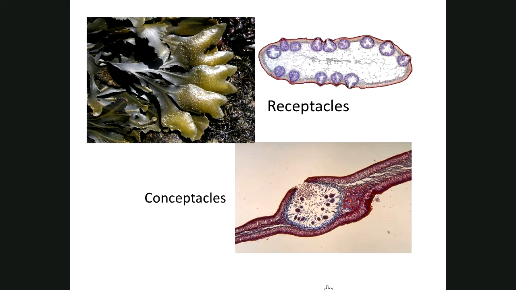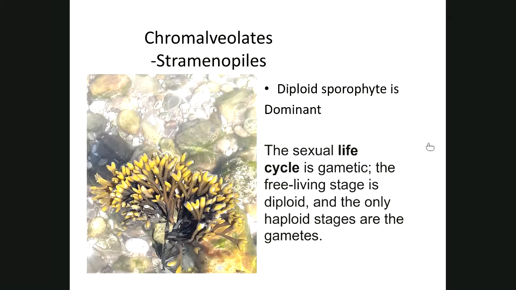So we're talking about fucus, or bladder wrack. You can find this species on our shores, along Coney Island or Rockaways or Pelham Bay or any of the beaches along Brooklyn, etc. You can find these.